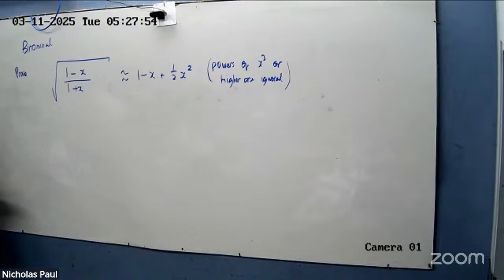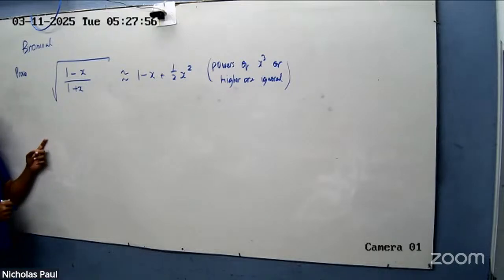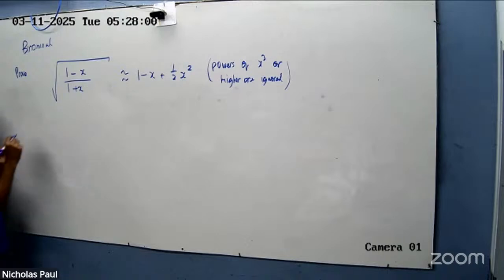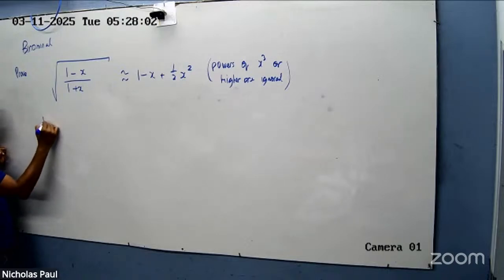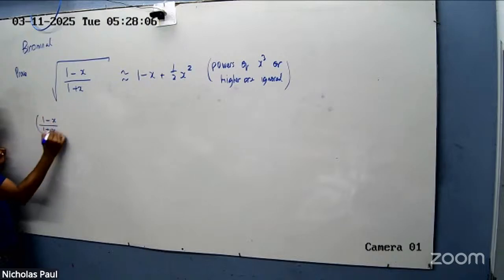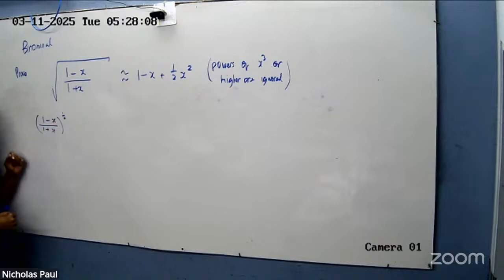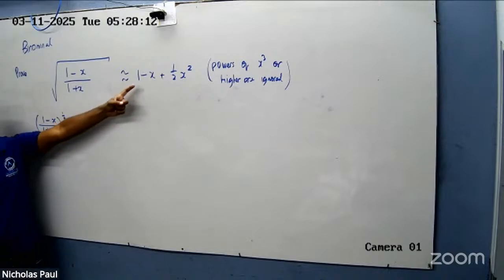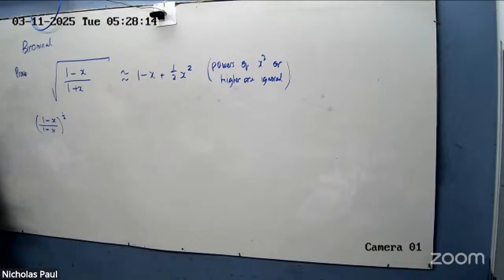Right, I'll give you a little help, right? What does square root mean again, Shivish? Power of what? A half, right? So 1 minus x over 1 plus x, to the power of a half, right? How can I simplify this out? I want to simplify this together. It has to do with something I showed you just now.